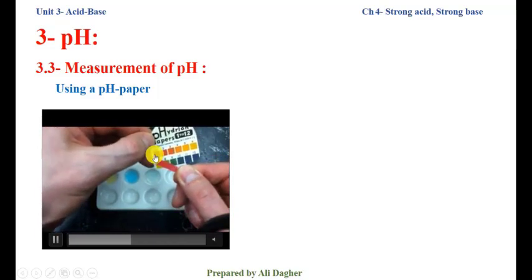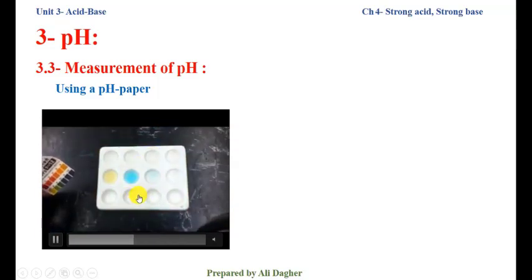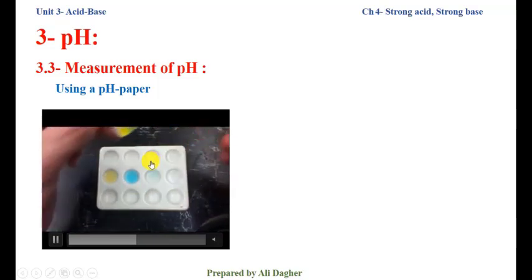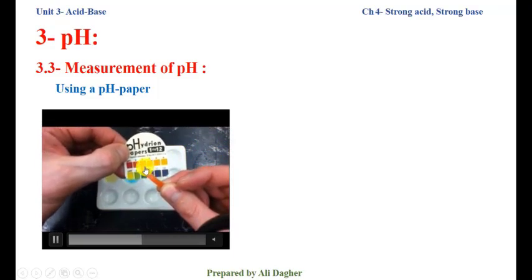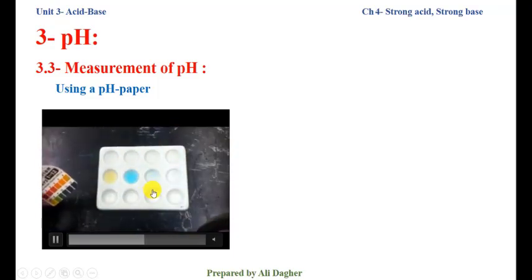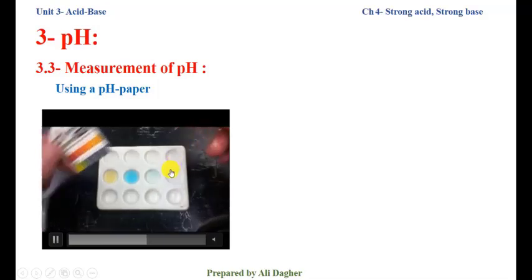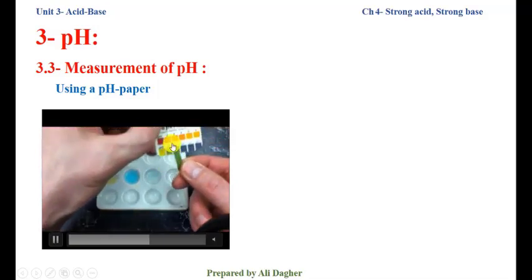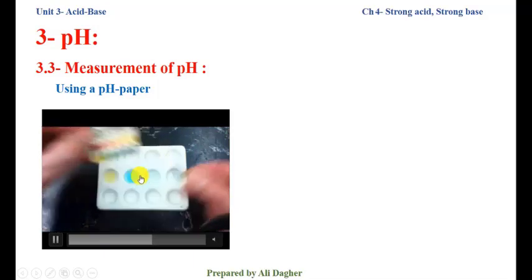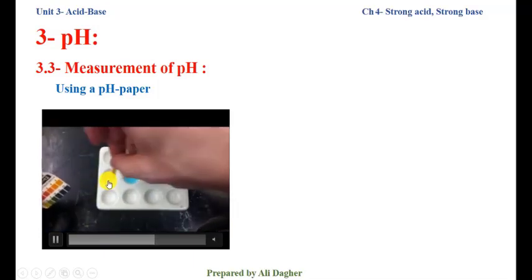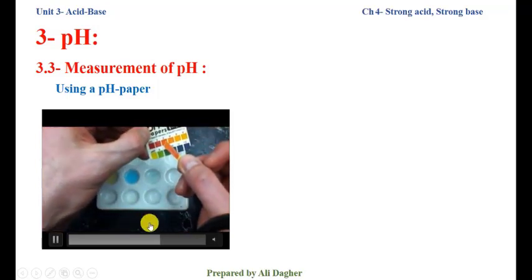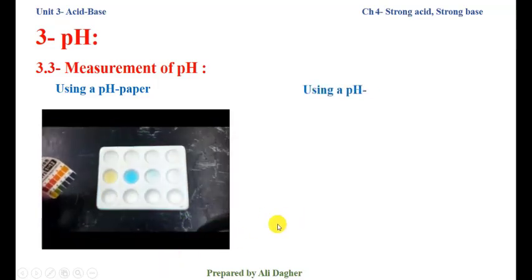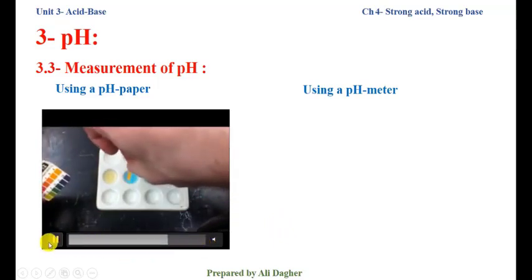For juice or vinegar, the pH equals 3. For this solution, the color is near 8, pH near 8. Lemon juice, the pH is near to 3. Then this is the method which gives an approximate value of pH, not a precise value of pH.